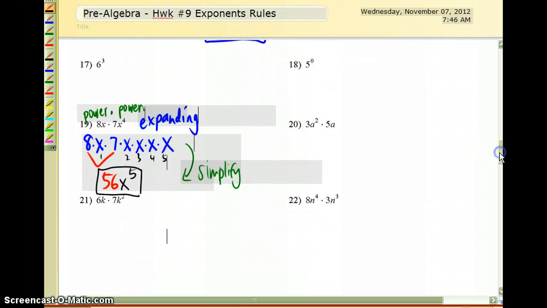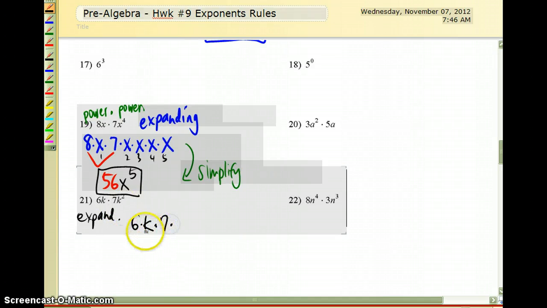And then in 21, the last problem I will do in this PowerPoint, in this recording, is this problem. Again, I can expand it. So I get 6 times k times 7 times, and k is to the 2nd power, so that gives me k times k. Then I will condense it back together and simplify.